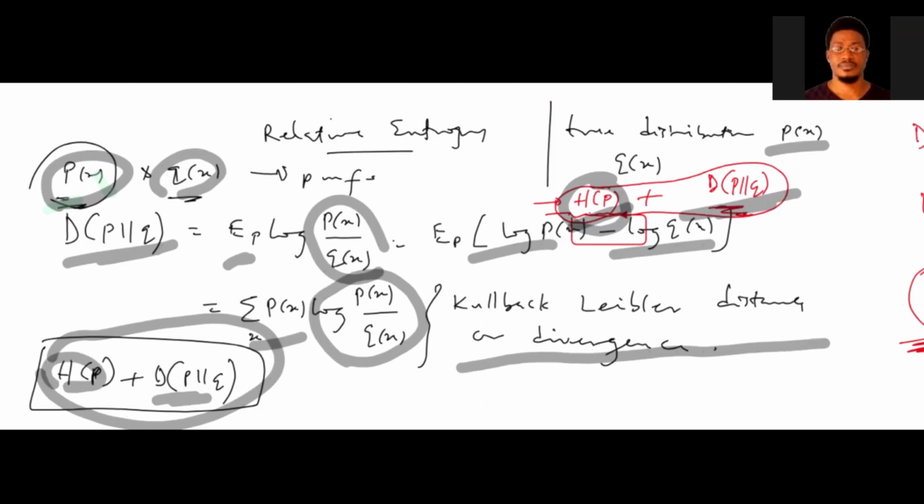So to generate an effective code, we take the entropy of the true distribution plus the relative entropy between the true distribution and the other distribution being confused for it.